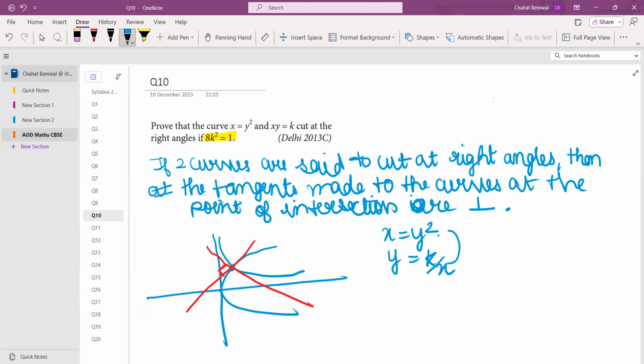Okay, we are going to substitute this in this one. So we get x is equal to k square upon x square, and then we get x cube is equal to k square.